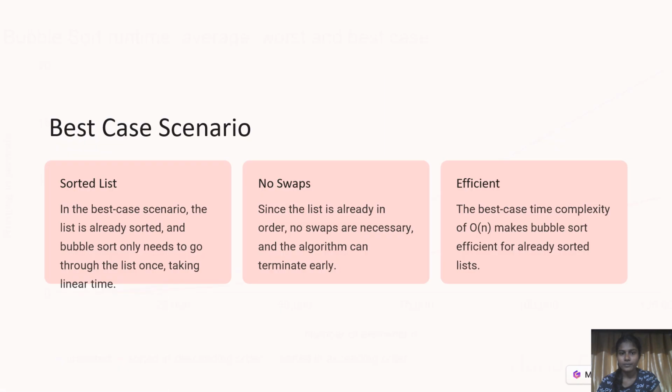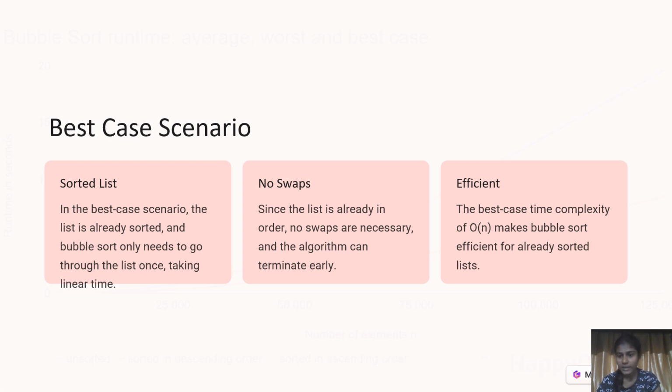Best case scenarios. Sorted list, no swaps, efficient. Sorted list means in the best case scenario, the list is already sorted and bubble sort only needs to go through the list once, taking linear time. No swaps. Since the list is already in order, no swaps are necessary and the algorithm can terminate early.